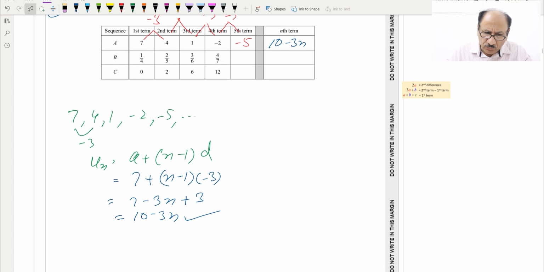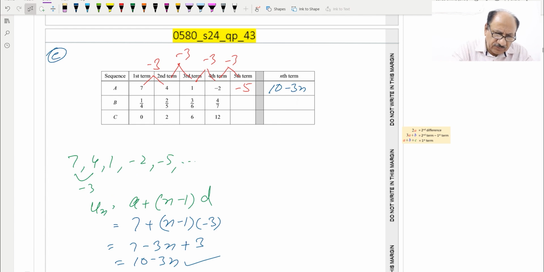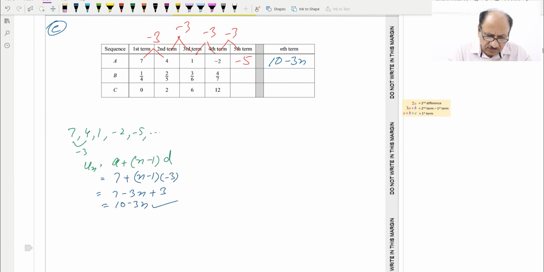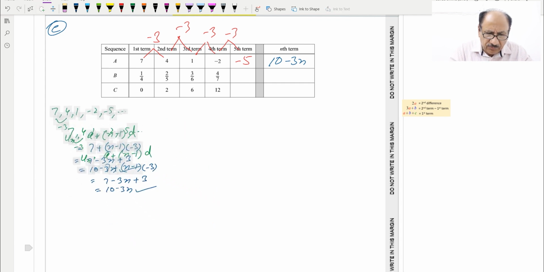Hopefully you understood this first term which we have calculated, and I will just shrink this to a readable size.